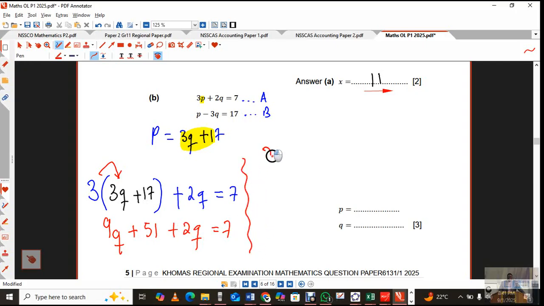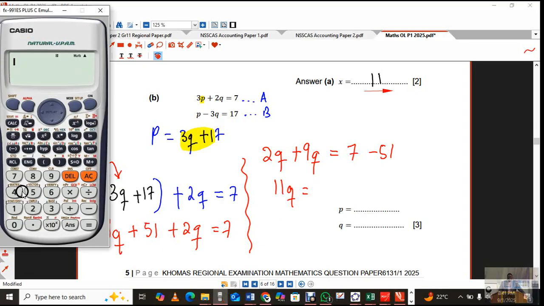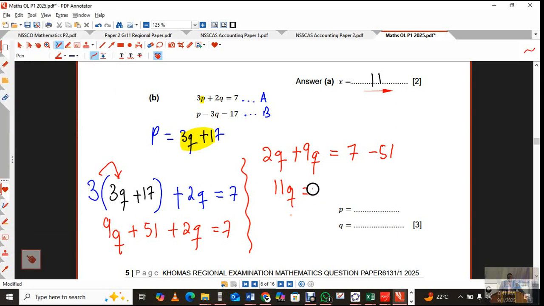You have 2Q plus 9Q, adding the Q's together, is equal to 7 take away 51. That is 11Q, and 7 take away 51 you should be getting negative 44. Then Q is simply calculated by negative 44 divided by 11, so Q is negative 4.